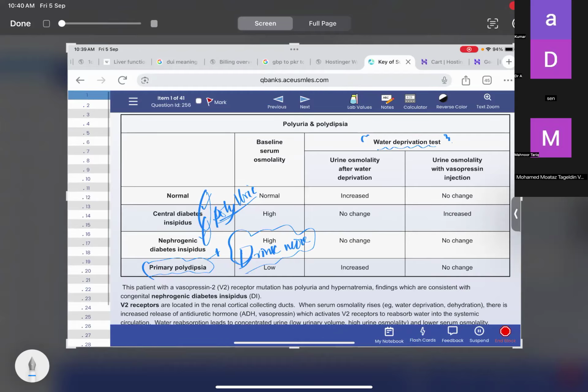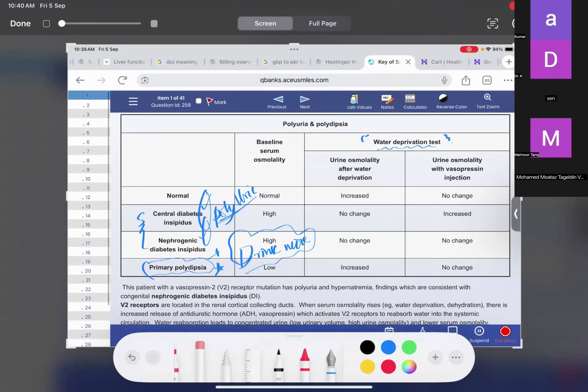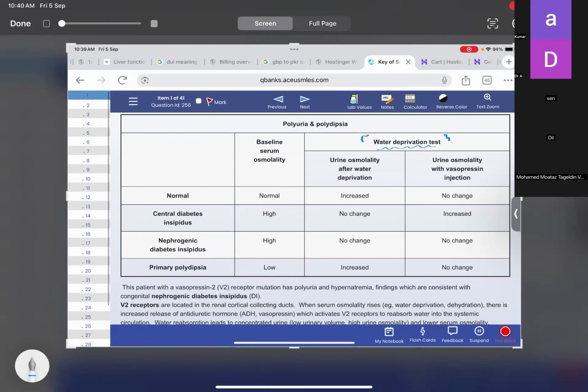The water deprivation test will tell you whether it's primary polydipsia or diabetes insipidus. How? With the water deprivation test, if it's primary polydipsia, then there will be concentration, so the urine osmolarity will increase, unlike in nephrogenic or central diabetes insipidus.